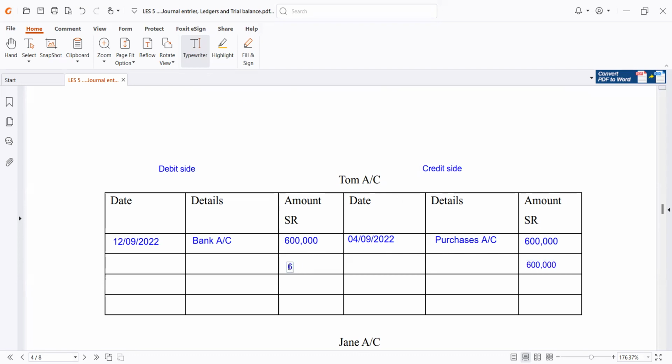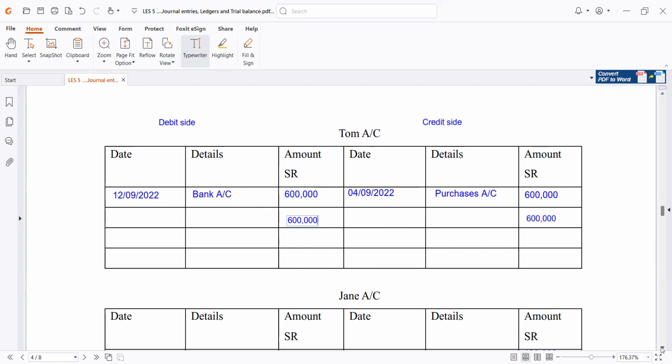So there's no balance that we are carrying forward and nothing to bring in the following month. Remember the foot and ruling, whereby you foot and rule this one, 2 lines before the 600,000, and this other one 600,000. So for Tom account, there's no closing balance.